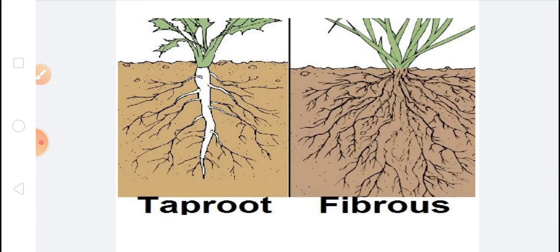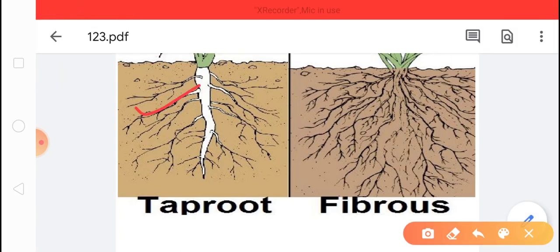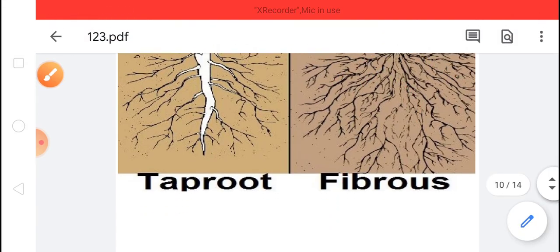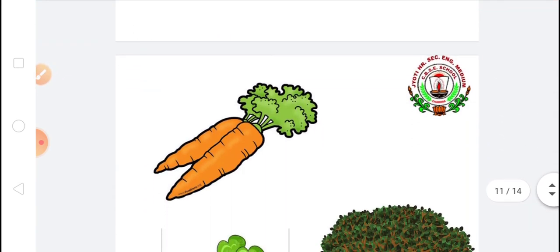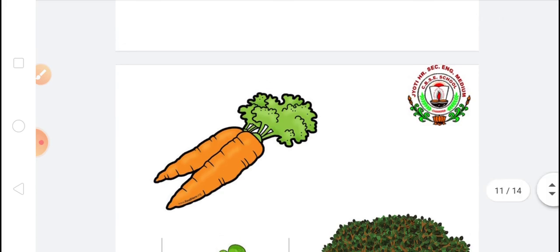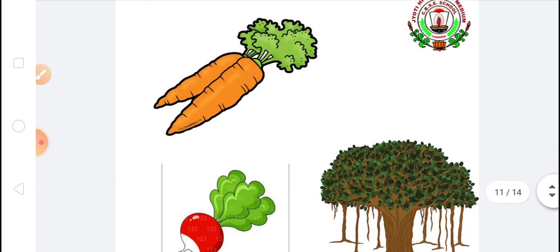A tap root has a main root from which a number of branch roots arise, and fibrous roots are highly branched, with fiber-like branches arising from the base of the stem. Roots fix the plant to the soil, help to absorb water and minerals from the soil, and also bind the soil particles together.